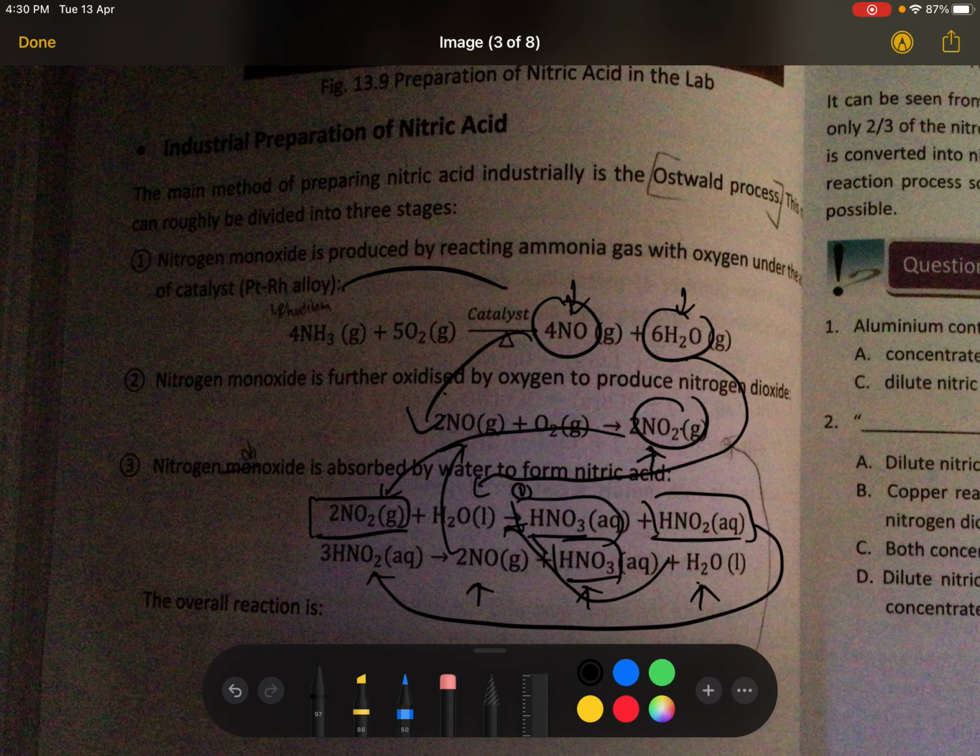The NO2 reacts with the water from here, and also the water from here, to produce more HNO3 and HNO2. Then this HNO2 goes back, produces more NO, more HNO3, more H2O. The H2O gets used here again, the NO gets used here again, and it repeats and repeats.